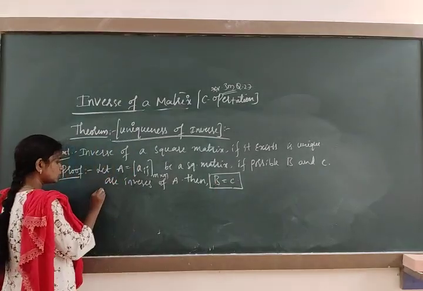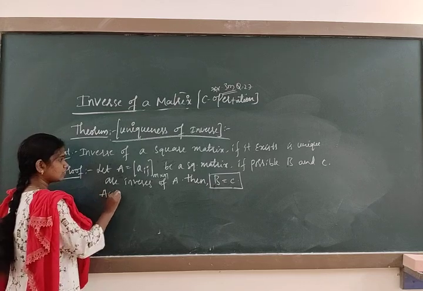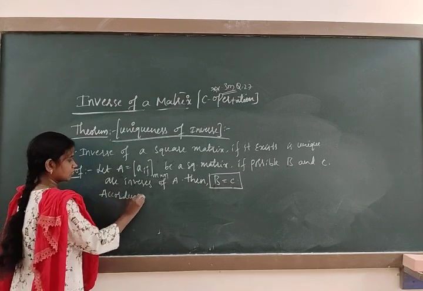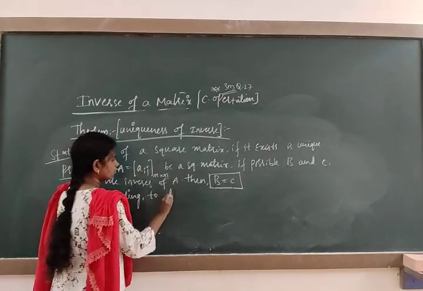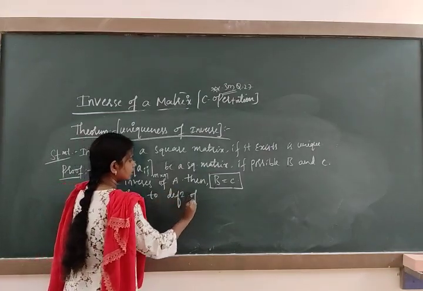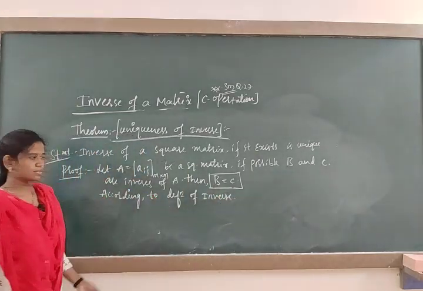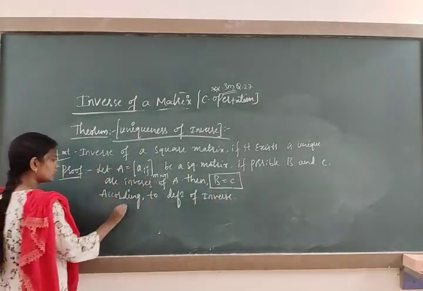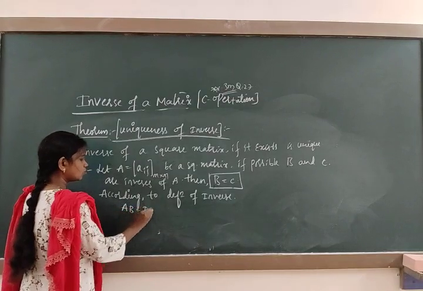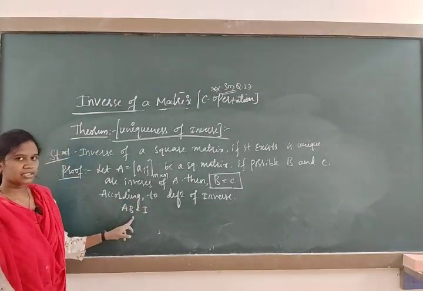So how to show this? According to the definition of inverse. Yesterday we took the definition of inverse. What was the definition of inverse? AB is equal to I, where B is treated as A inverse.